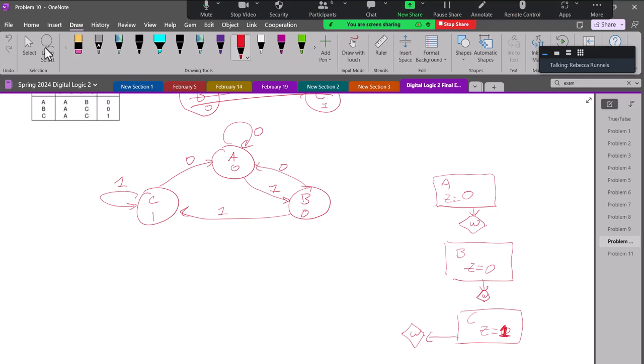For state A, if W is 0, I go back to A. Put a little 0 there.